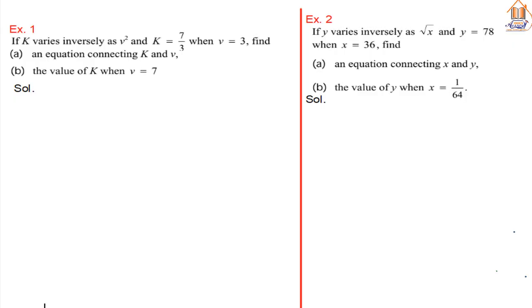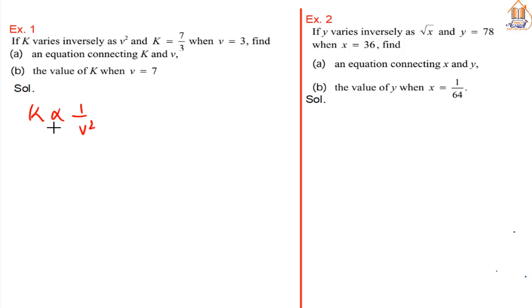Now example 1 says that if k varies inversely as v squared, and k is equal to 7 over 3 when v is equal to 3, find (a) an equation connecting k and v, (b) the value of k when v is equal to 7. Now let's express this mathematically. We know that k varies inversely as v squared.